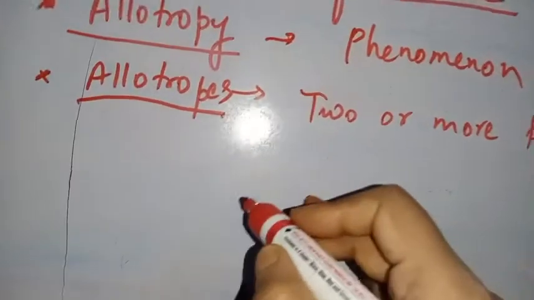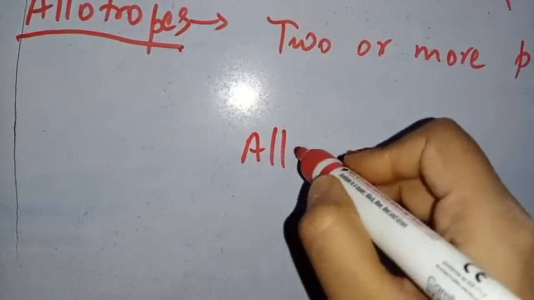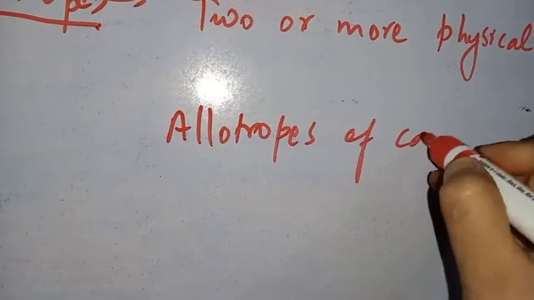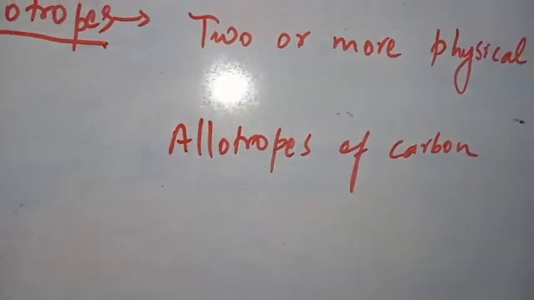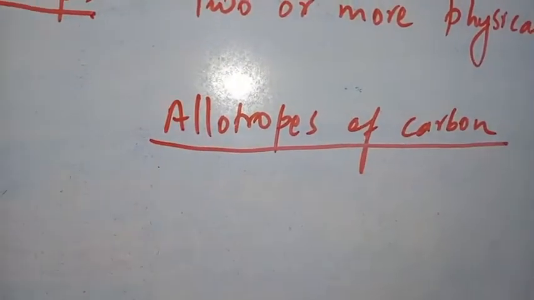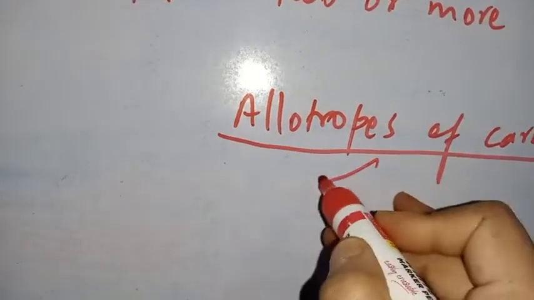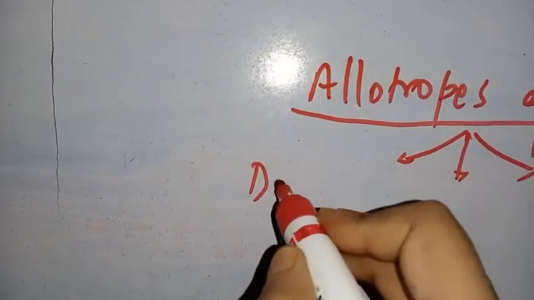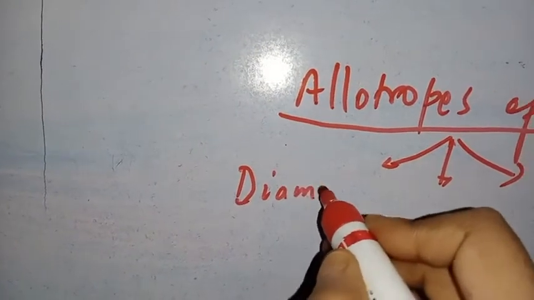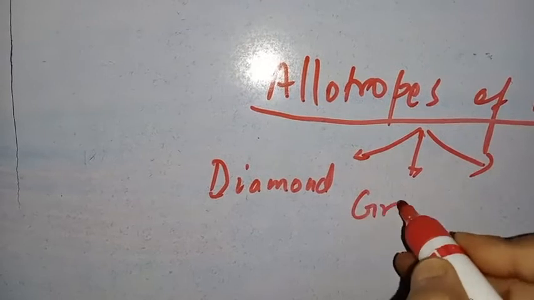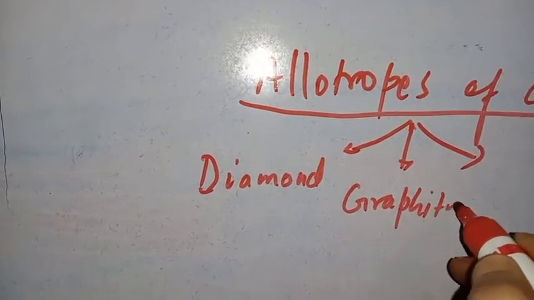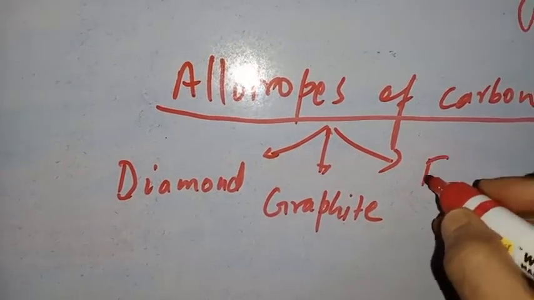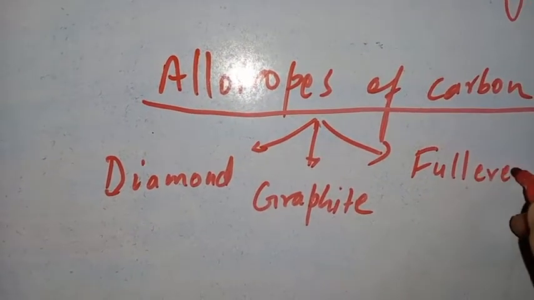So we will just see the allotropes of carbon. There are basically three allotropes of carbon. The first one is diamond, second is graphite, and the third physical form or allotrope of carbon is fullerene.